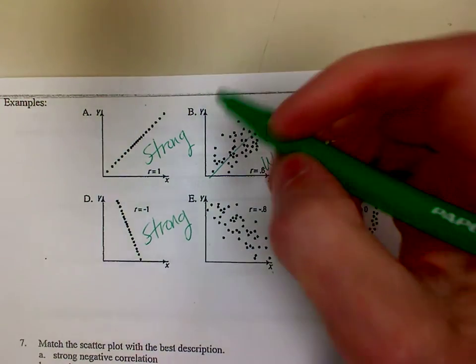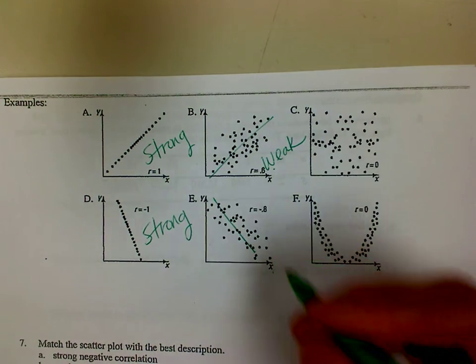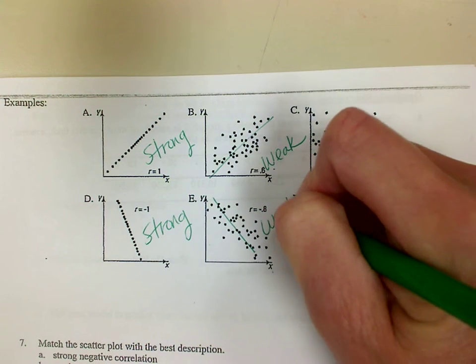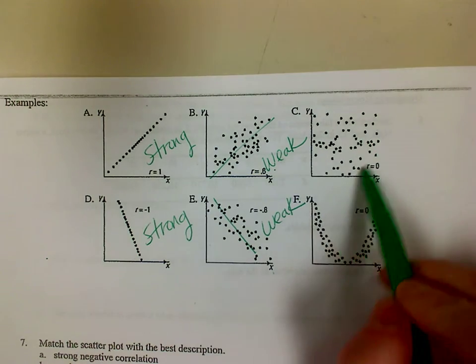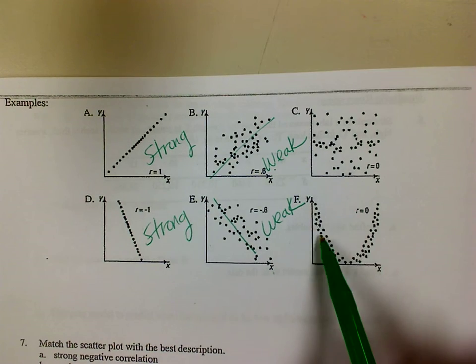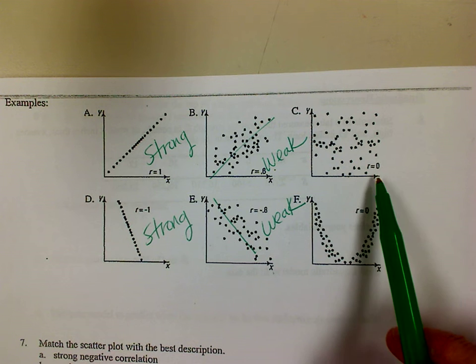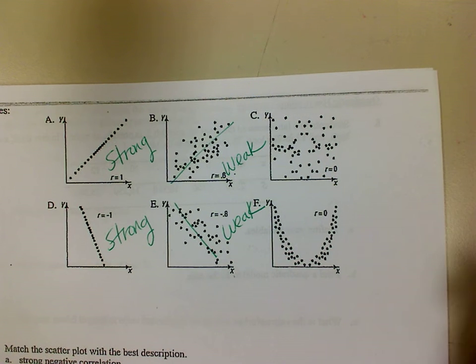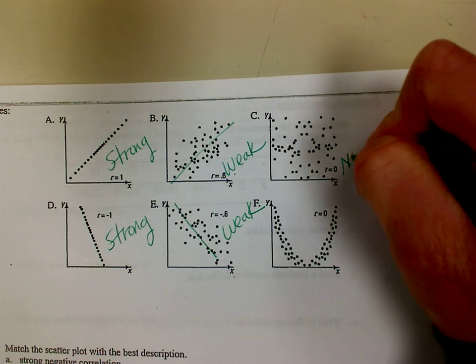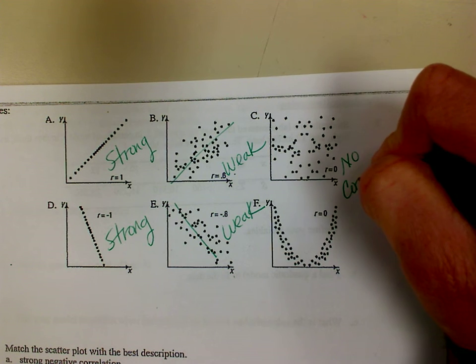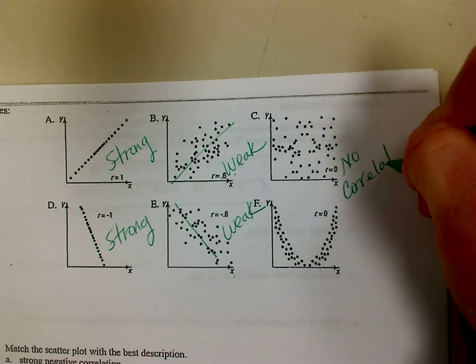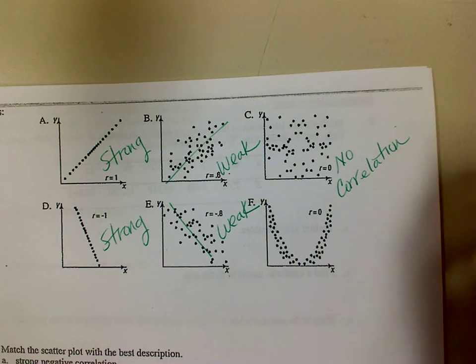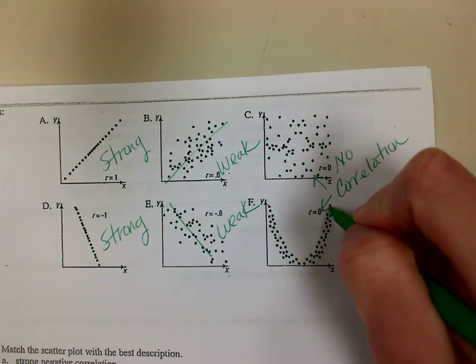This one you can tell that they're decreasing, but it's still a weak correlation. This one you can't tell, and this one doesn't even make sense. If you notice, they both have an R value of 0. Whenever you have an R value of 0, there's no correlation. So both of these have no correlation.